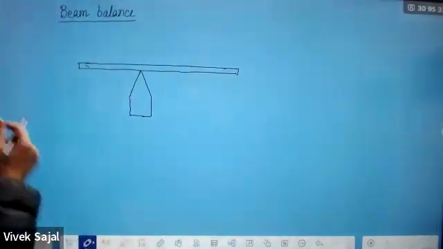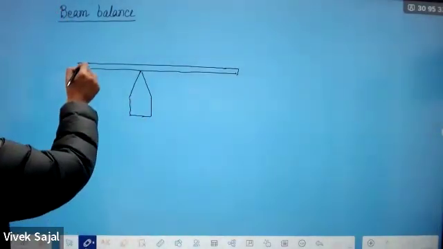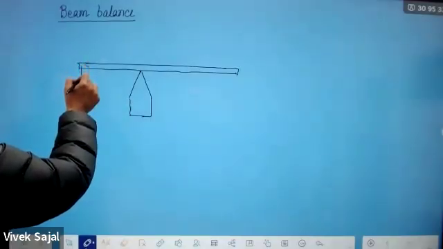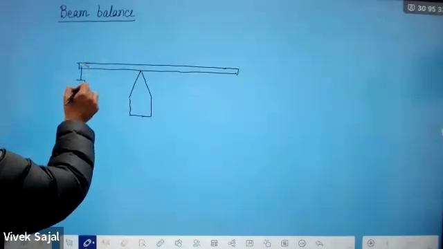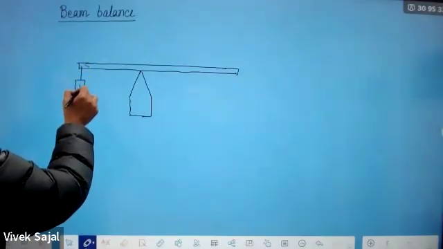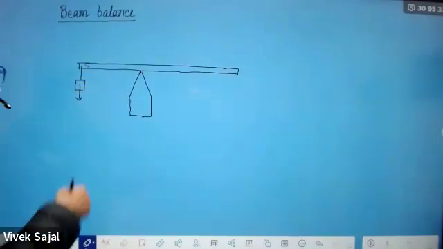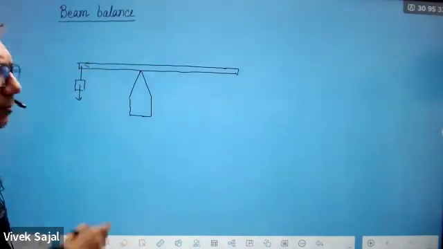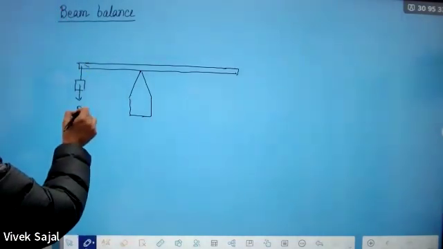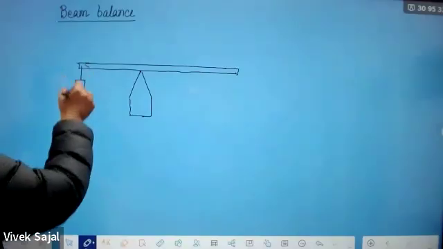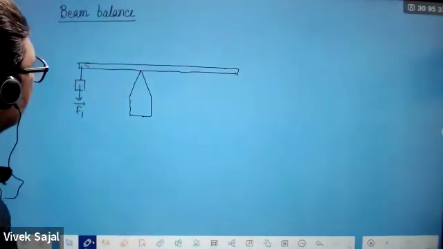Now, if you apply a force, or you can say weight, if you place a weight here, this weight mg is going to act in the downward direction. I call it F1. ठीक है. So F1 is the weight that is acting in the downward direction.